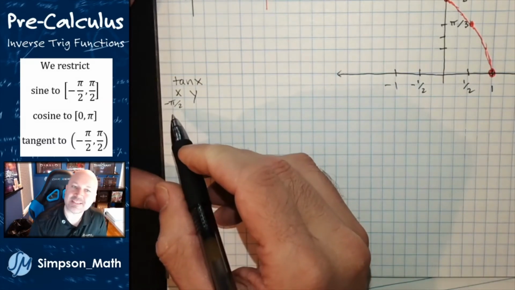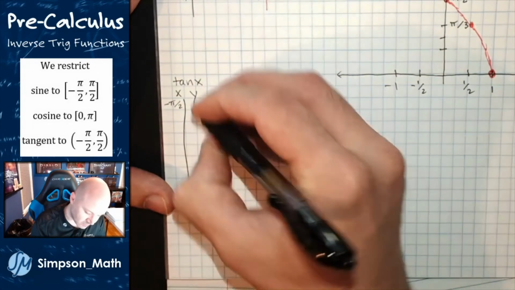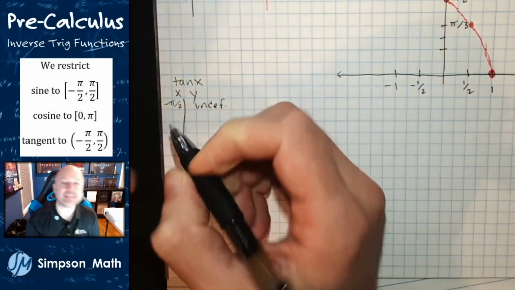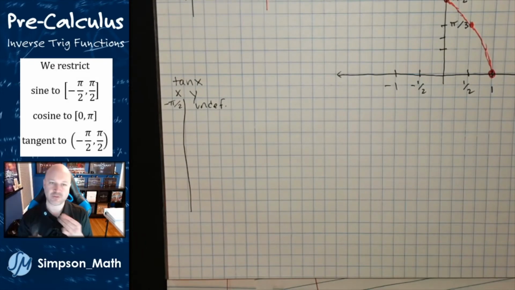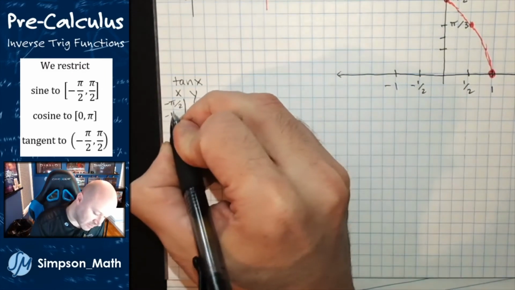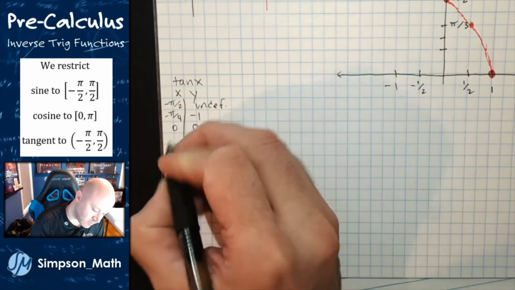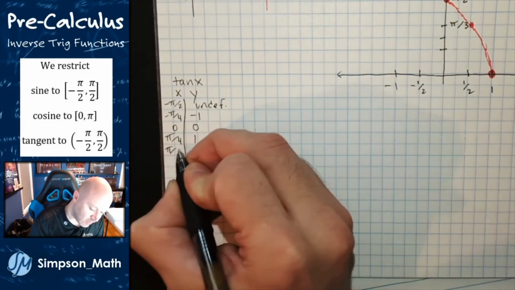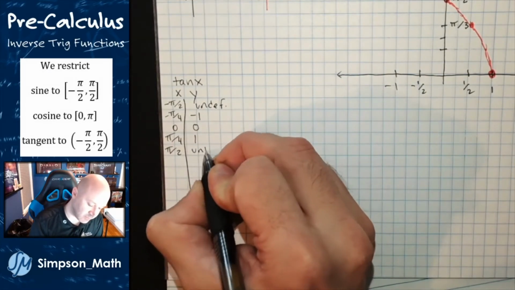Negative pi halves is undefined or an asymptote on regular tangent. Sine is pretty at the sixes, cosine is pretty at the thirds, tangent is pretty at the fourths. Tangent of negative pi fourths is -1. Tangent of 0 is 0. Tangent of pi fourths is 1. If I went out to pi halves, it would be undefined again, a vertical asymptote.